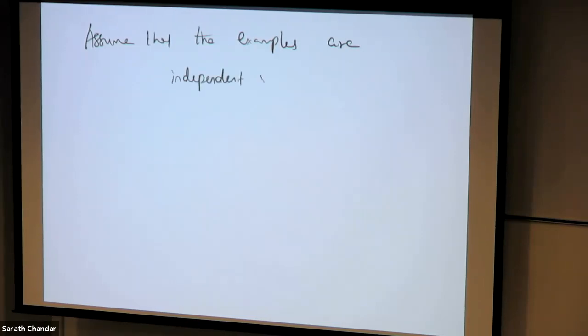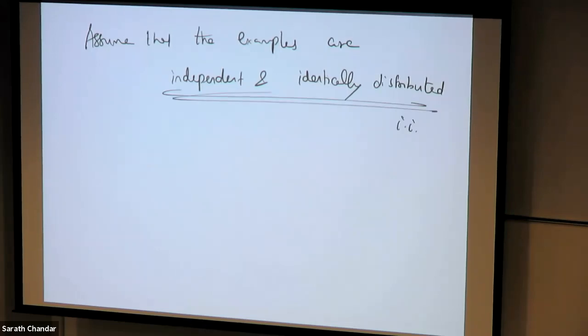We're going to assume that the examples in the data set are independent and identically distributed. In other words, we will also call this an IID assumption.